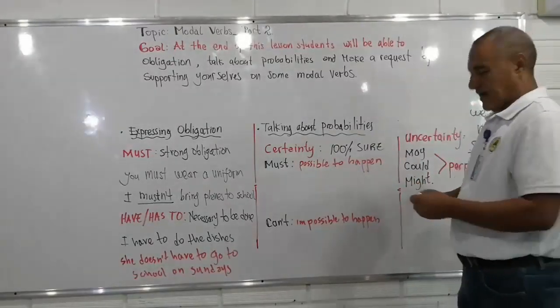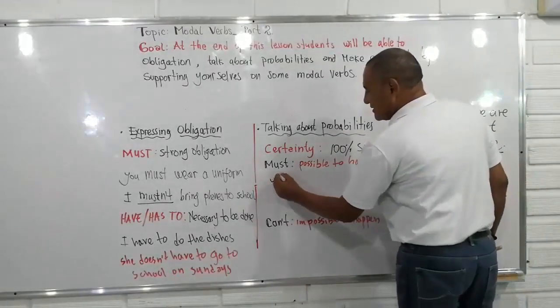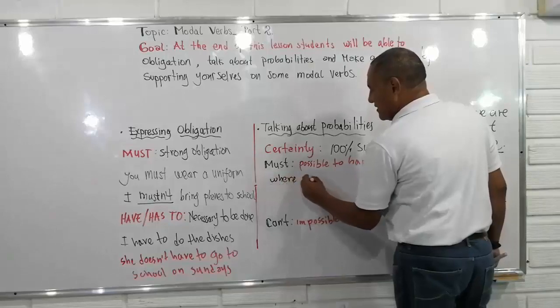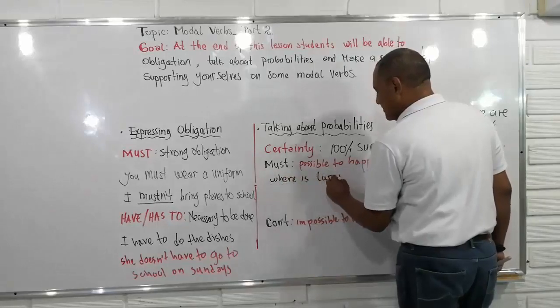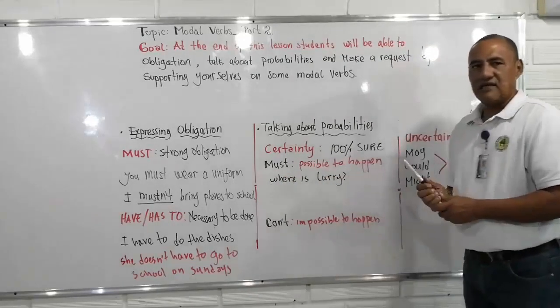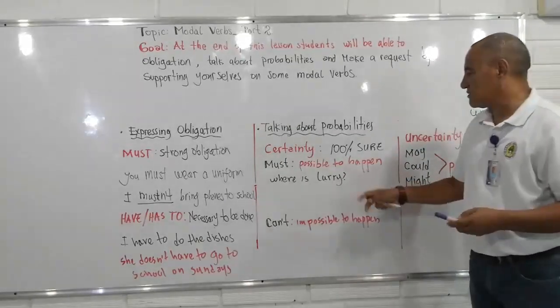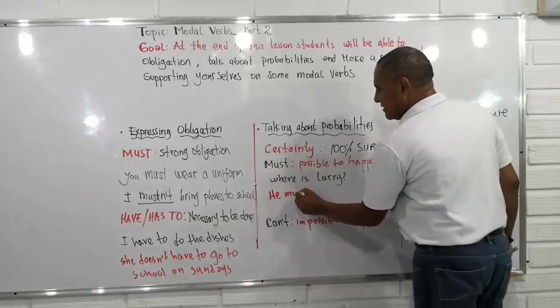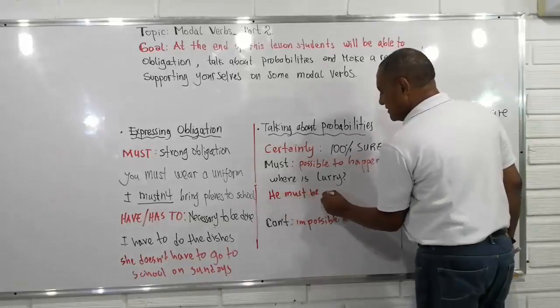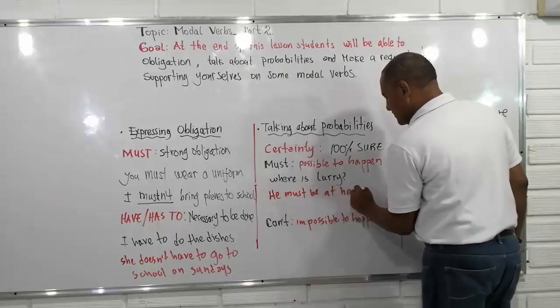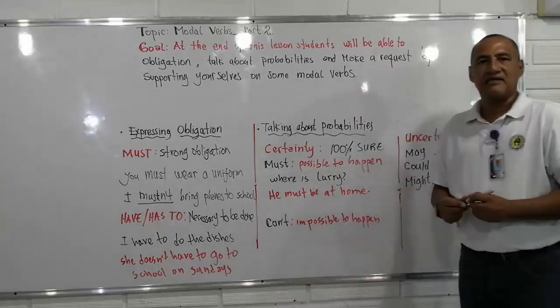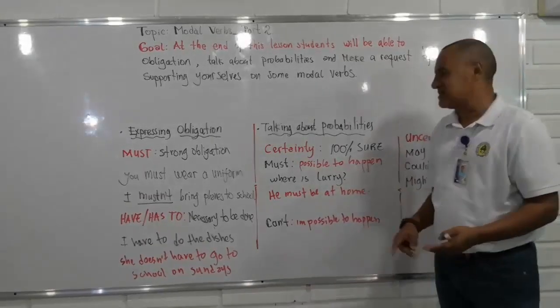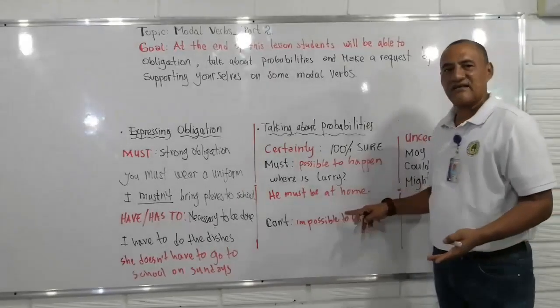Then, if I ask you, hey, where is Larry? Right? If we are sure, we say, he must be at home. Él debe estar en la casa. It's because at this time in the morning, he is at home.